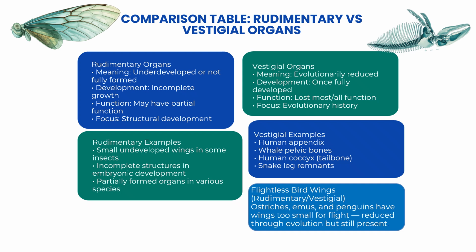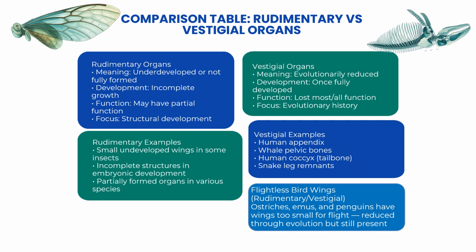Vestigial organs, evolutionary reduced organs, they have lost their function or most of the functions or almost all the functions. Snake leg remnants can also be one of the examples. Well, pelvic bone can also be an example, and three examples we have already seen in the earlier slide.